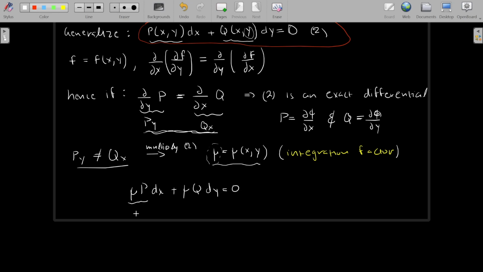And this is the new p, sorry, going to call it p tilde, and this is q tilde, right? And now if we take the derivative with respect to y of p tilde and equate it to the derivative with respect to x of q tilde, one will get mu_y p plus mu p_y is equal to mu_x q plus mu q_x.